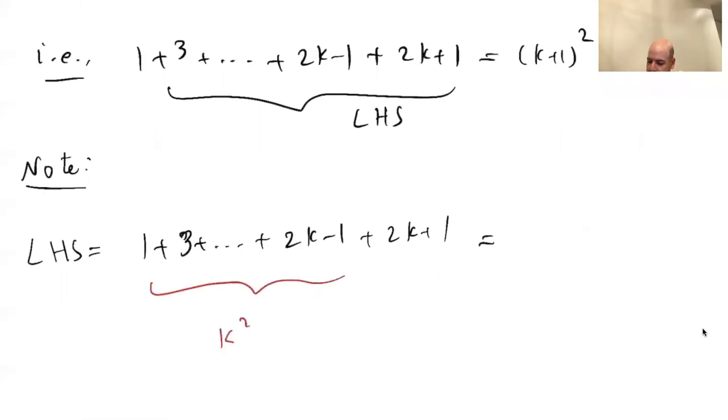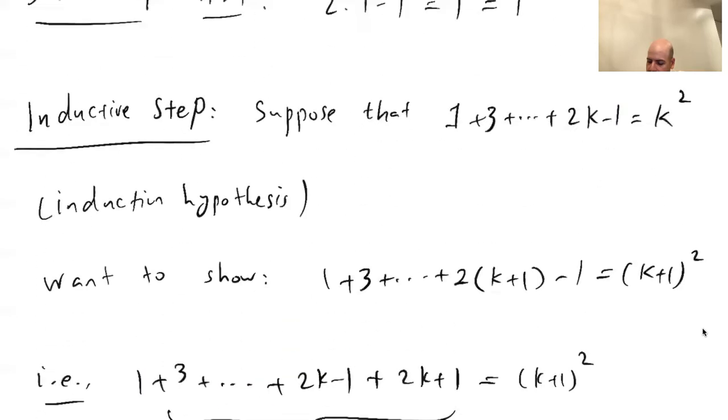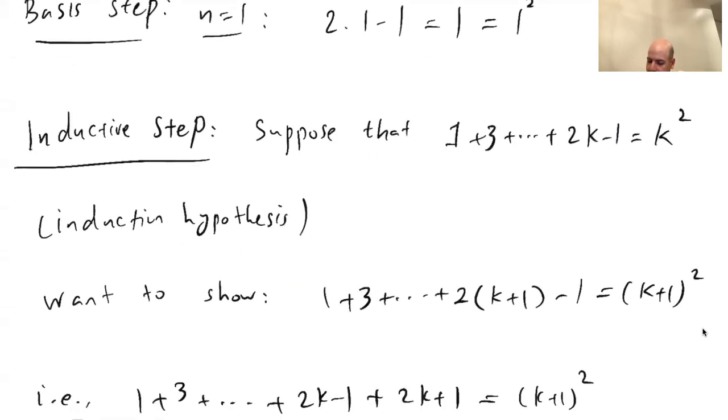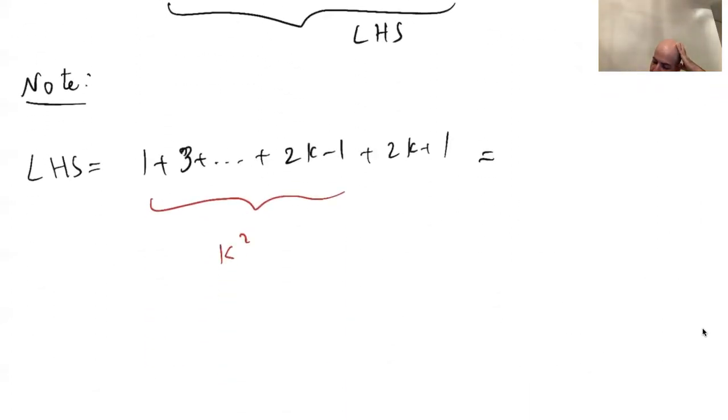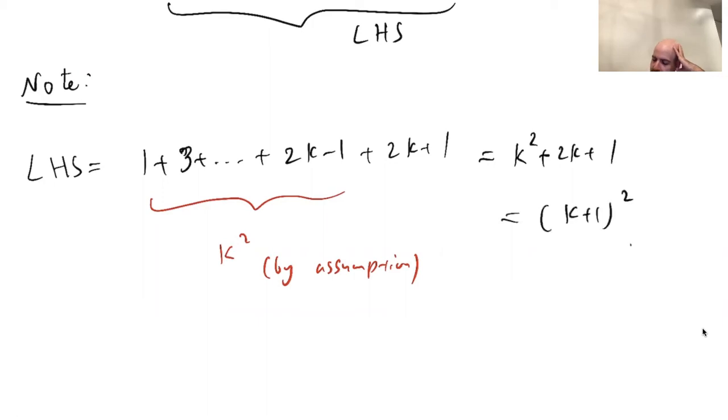is k squared, right? By my assumption or induction hypothesis, we said 1 plus 3 all the way to 2k minus 1 is equal to k squared. So this is k squared by assumption or hypothesis. So the result will be equal to k squared plus 2k plus 1. And then this is, of course, k plus 1 the whole squared, which is what we needed to show.